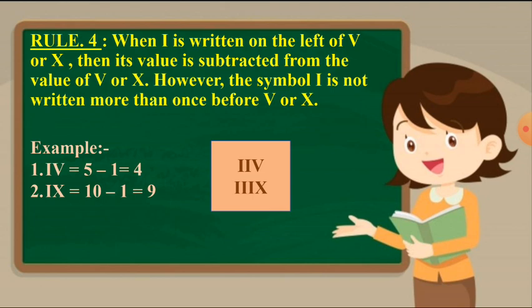Now students, here according to the rule, you can write I only one time before X and V. Now here see, I have written 2I before V and 3I before X. That is totally wrong. You cannot write it. You can write only one I before V and X. Okay, students?